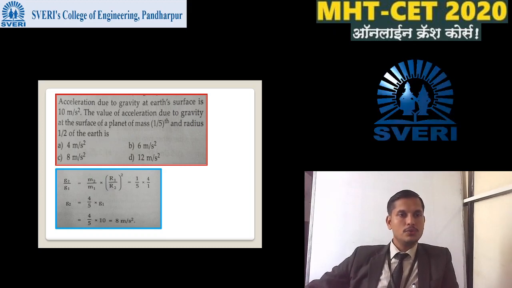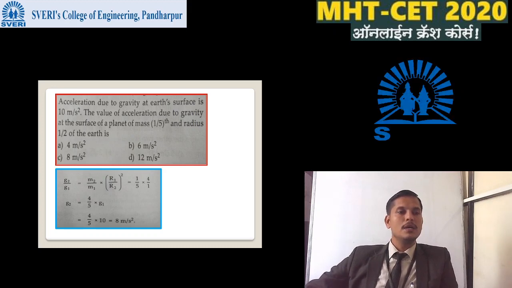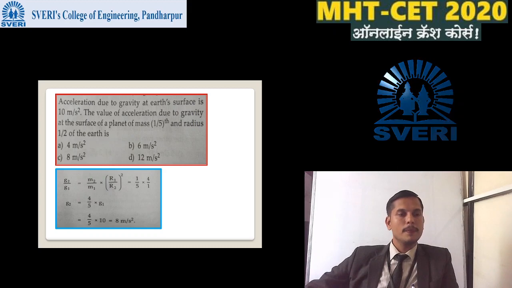For the numerical value, we are considering acceleration due to gravity as 10 meter per second square. The given thing is a planet of mass 1/5 and radius 1/2 of the Earth.